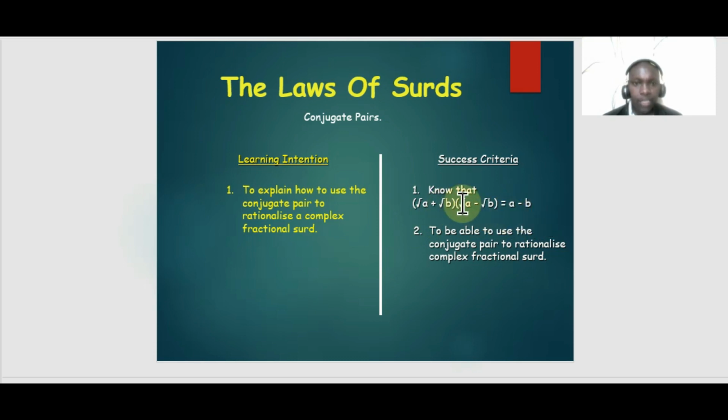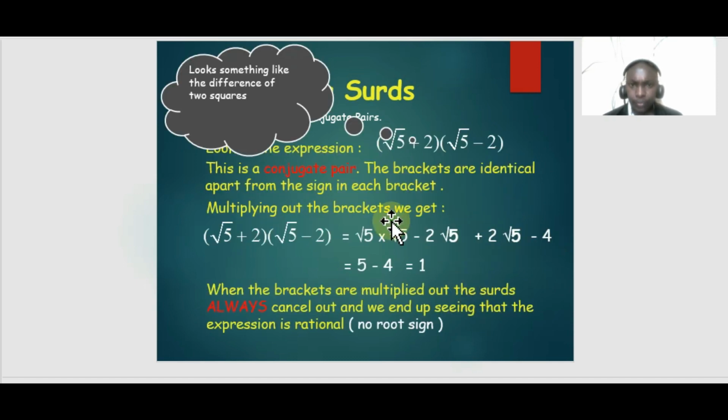And I've said that this one, you can recall, is a difference of two squares, or you can expand. When you expand this, you get the answer as a minus b. Then you should be able to use the conjugate pair to rationalize complex fractional surds.